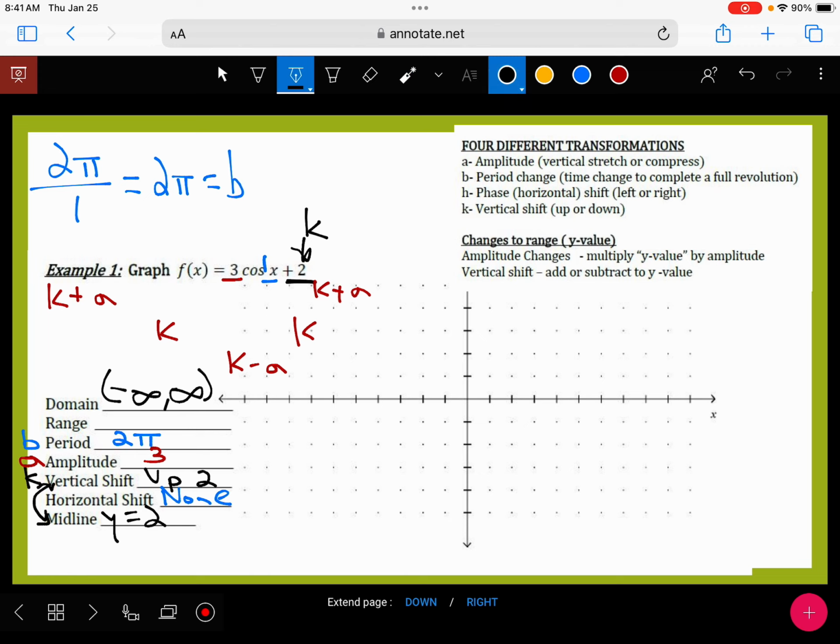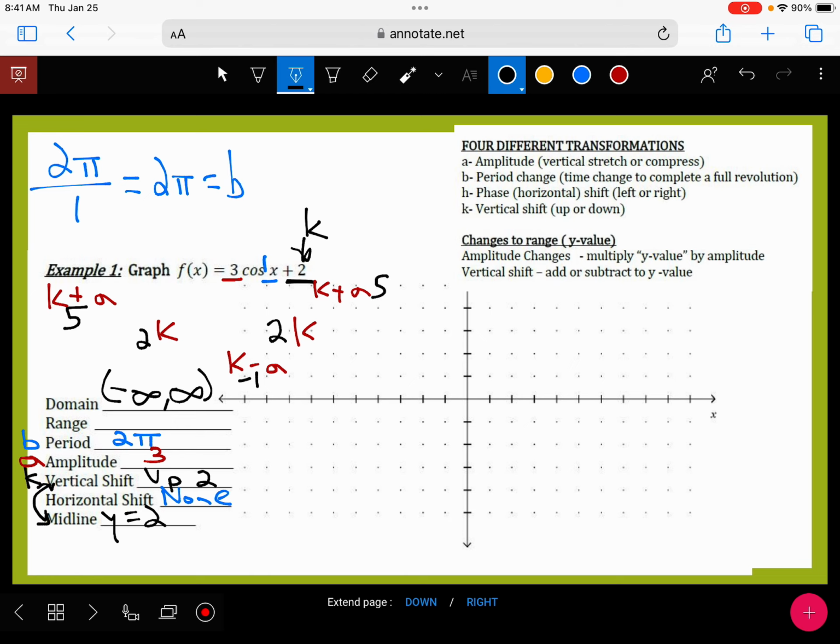So here, we know that k plus a is going to be 3 plus 2, or 5. K is just 2. K minus a, or 2 minus 3, is going to give us negative 1. K again is just 2, and then k plus a is 5.